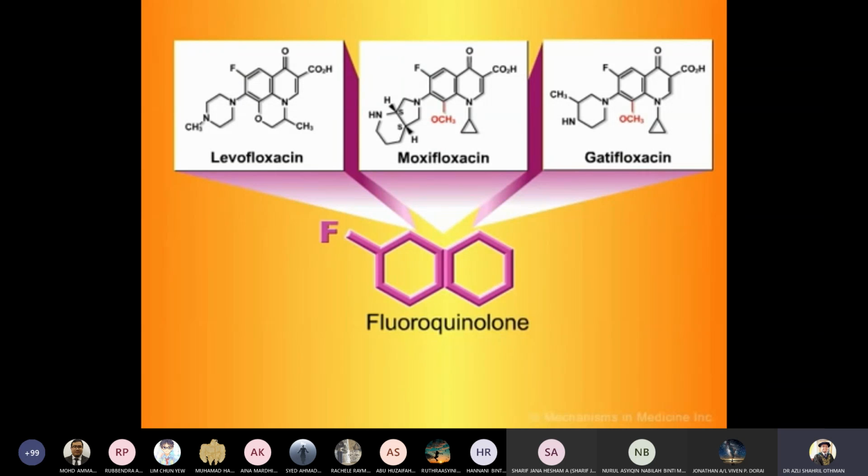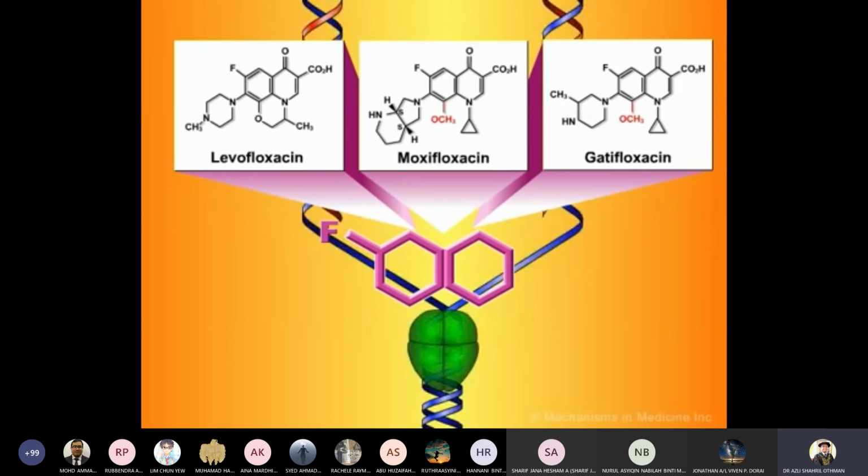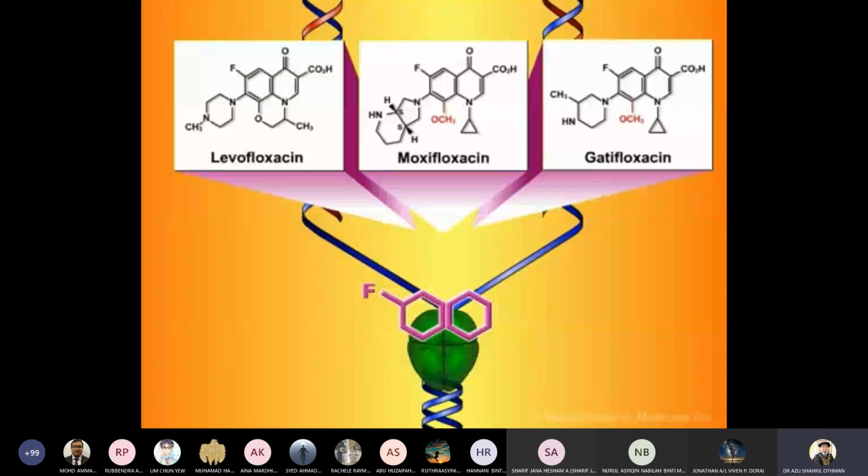Although much is known about the molecular events that underlie the action of quinolone antibiotics, much remains to be clarified. Fluoroquinolones act by inhibiting the activity of both the DNA gyrase and the topoisomerase IV enzymes. For most gram-negative bacteria, DNA gyrase is the primary fluoroquinolone target.